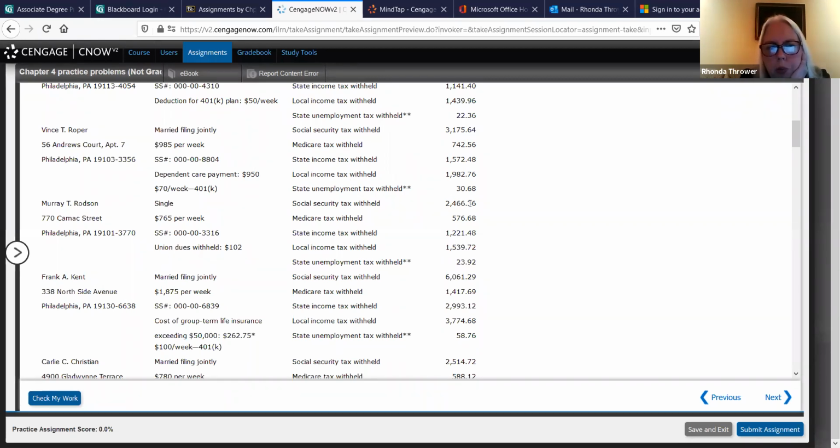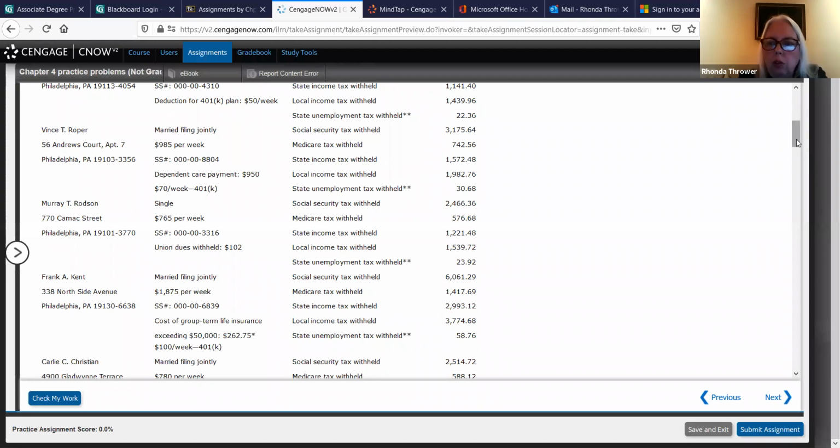But your state unemployment tax withheld goes in that other category, and that's all that we would do for this particular employee. Kind of wish they had given you some blanks between these or marked it a little bit different so you know where it ends. But for Vince Roper, it goes to $70 a week that was taken out in the 401k plan.